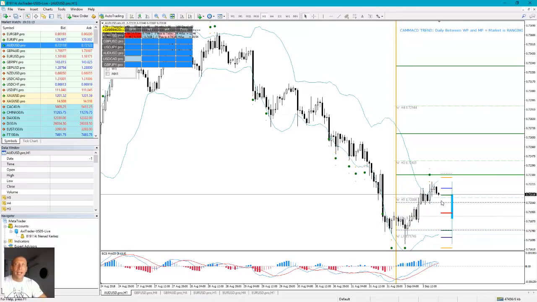There are no banks to defend those levels, and with no banks trading, there could be some spikes up and down. Generally speaking, the GBP dollar had the biggest spike, but it was caused by, I say, Brexit news over the weekend. It has nothing to do with technicals. I think it was the PMI result, but mostly it was due to Brexit, because the price opened with a gap.